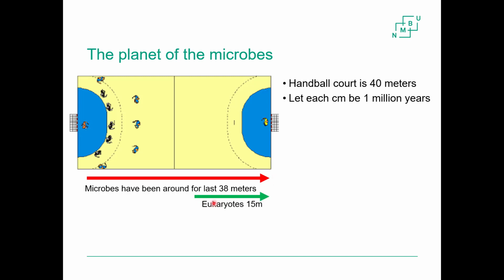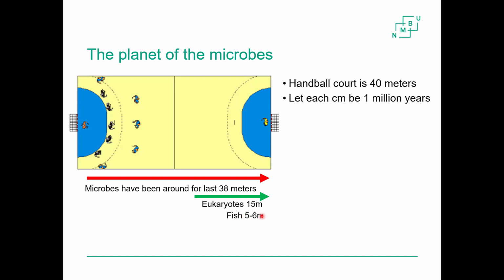So the eukaryotes, they came in around here, like 15 meters ago, you could say. And so we can see that for the majority of the time of life on Earth, the prokaryotes were alone. There were no other types of organisms. And then the eukaryotes came along.